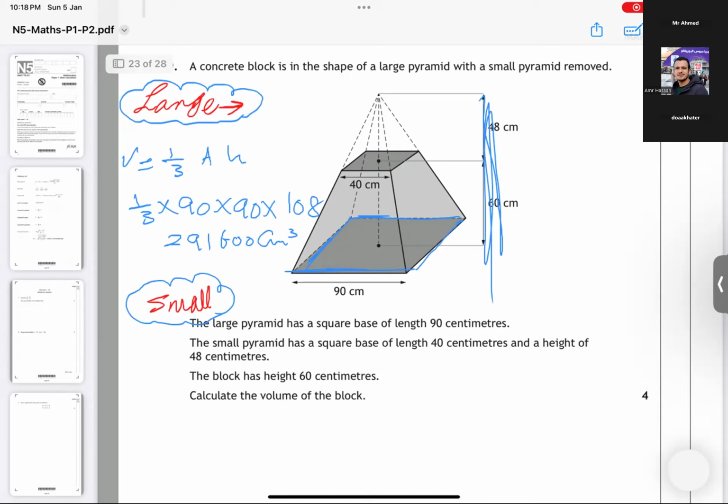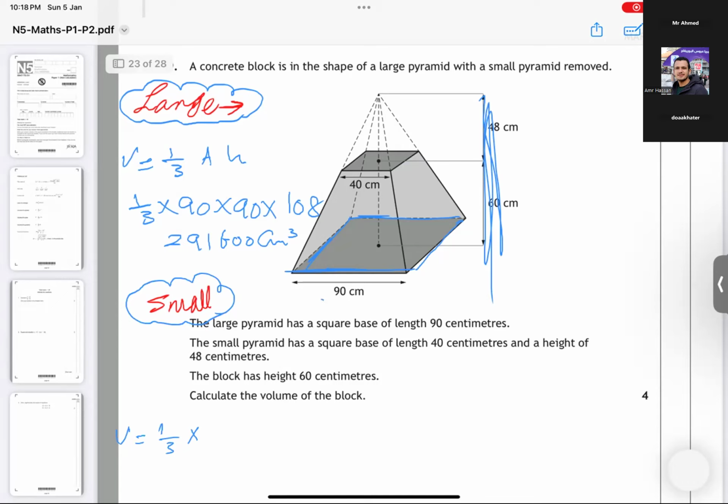Mm-hmm. Yeah. Okay. How can I do it? It's going to be the same. It's going to be a third. So V equals a third times area times height. Yeah, right. I need to change the square. The side of it may be smaller.